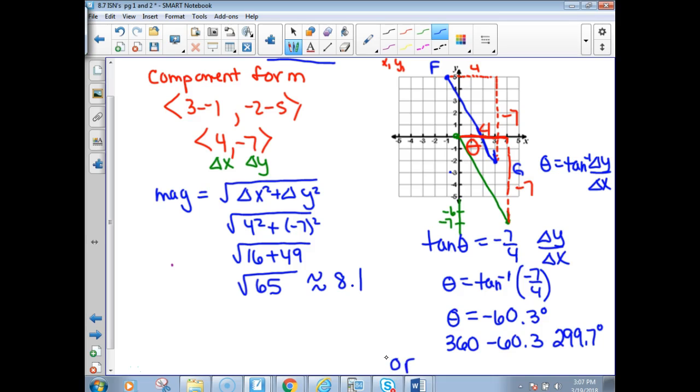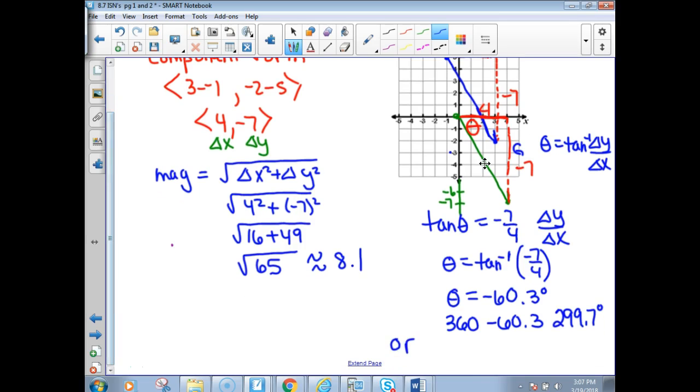Or, and here's what I prefer, 60.3, just make it positive, degrees to the south. If you're going this way, this is the south. You're coming from the what? What would this line be? East. So you're 60.3 degrees to the south of east. South of east.